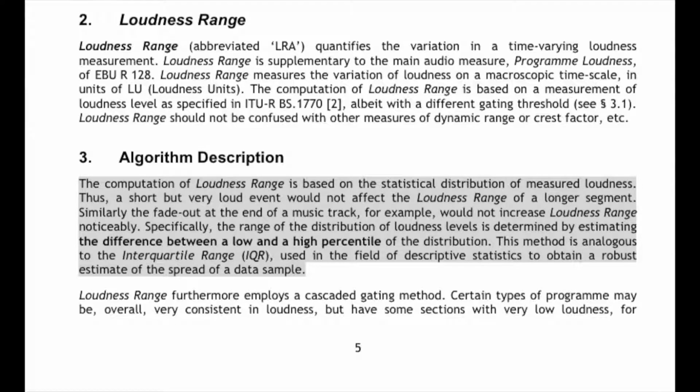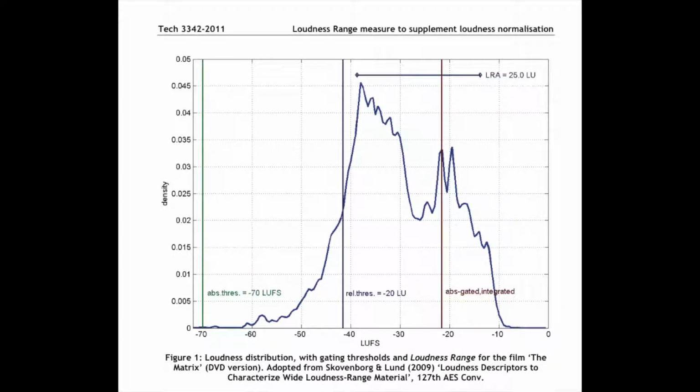So instead of just telling you bluntly what the difference between the softest and loudest sounds in a track is in terms of decibels, it calculates the range of the distribution of loudness levels in a track by estimating the difference between the 10th and the 95th percentile of the distribution of the loudness samples.